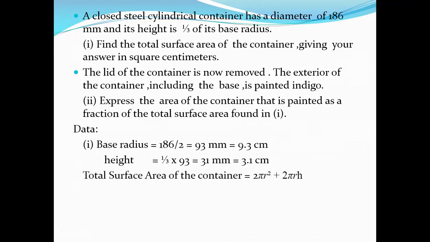The total surface area of the container will be what? The formula of total surface area is 2 pi r square plus 2 pi r h. Putting the values: 2 multiplied by 22 over 7 multiplied by the radius 9.3 multiplied by 9.3, plus 2 multiplied by 22 over 7 multiplied by 9.3, and this time you have to put the height, that is 3.1.